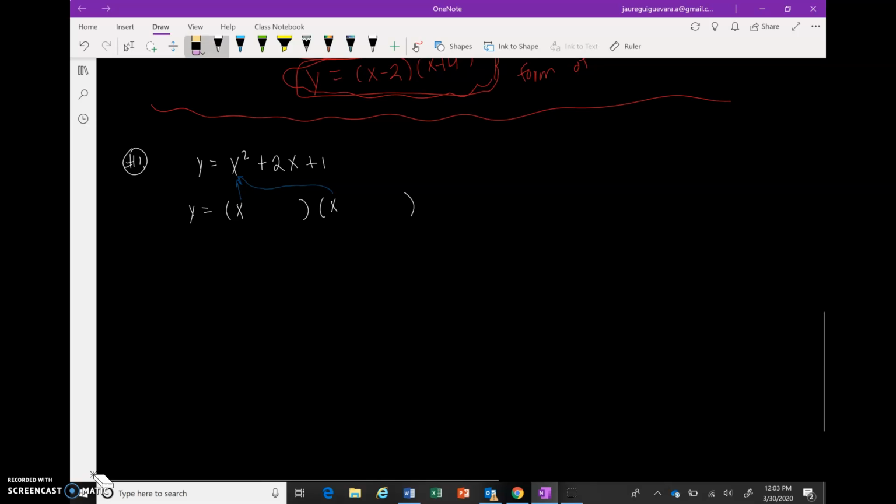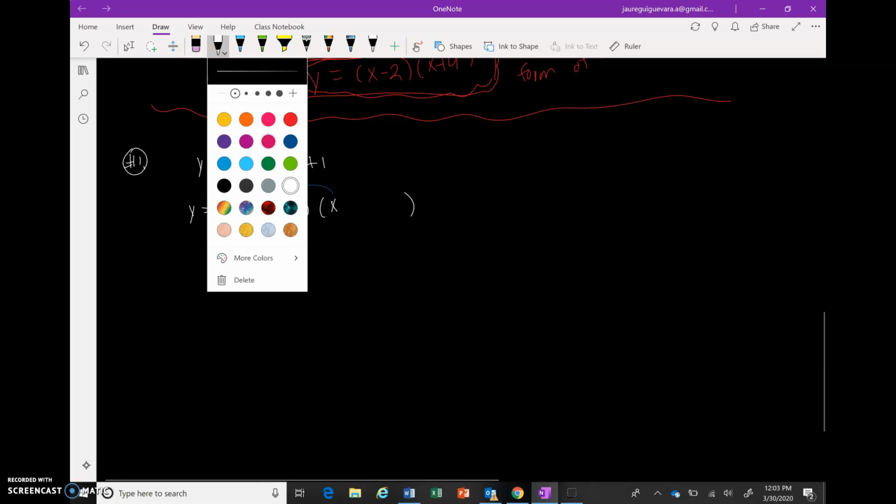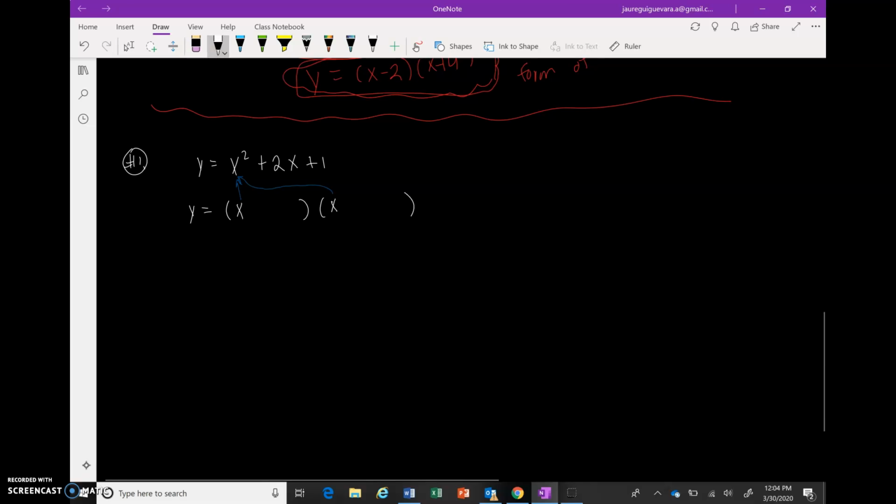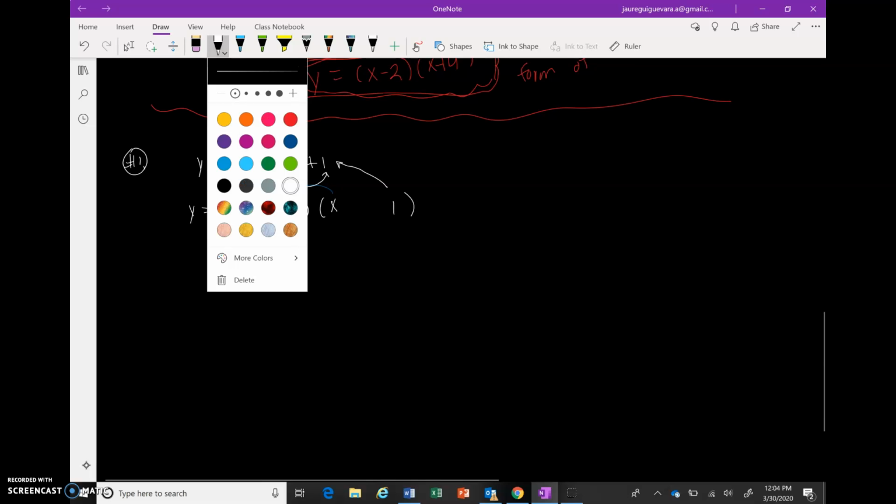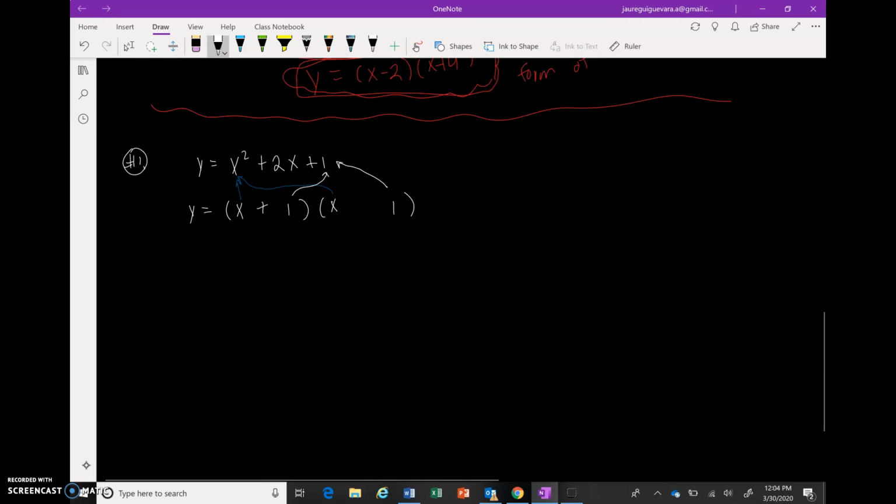I know the two numbers that give me 1 will be just 1 times 1, because 1 times 1 gives me 1. Positive times a positive is positive 1. There's no chance of it being negative, so I just keep it like that. I know they're both going to be positive.